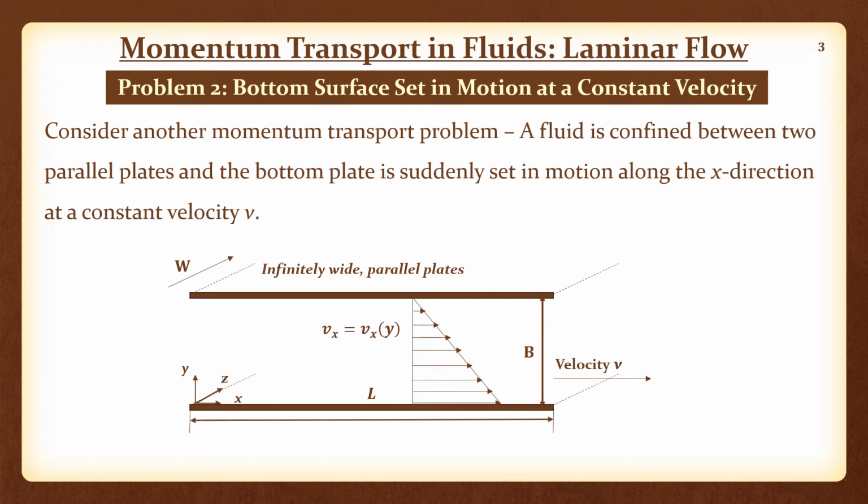Y is the perpendicular direction towards the top plate, and Z is the direction going, so to speak, into the screen of the device that you are looking at this presentation, and that is the direction of the width.